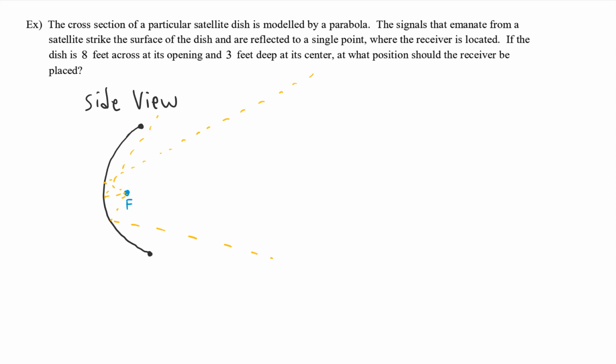So let's use what we now know algebraically about a parabola to see where we should put that receiver. Remember, our satellite dish doesn't go on forever. It's part of a parabola. So let's label everything they told us.